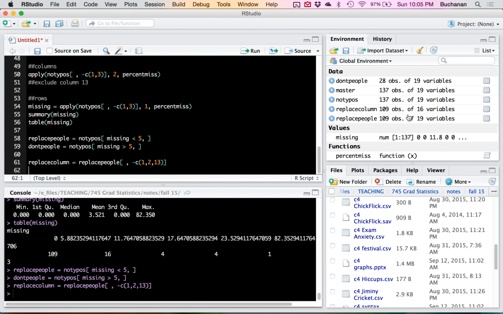So we've dropped 3 of the columns, so 16 variables here. And then don't column is replace people. It's the same data set, so both of these need to be the same data set, here and here, here and here. And it's the exact opposite. So see, I want 1. Ooh, no, it was 1, 3. Sorry, 1, 3, and 13. That would have been bad.